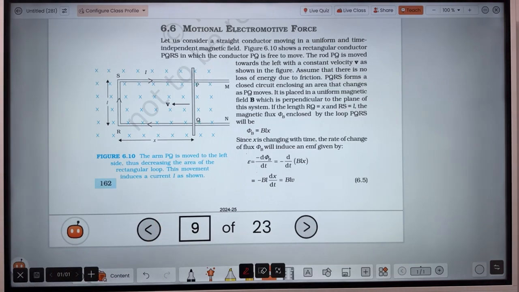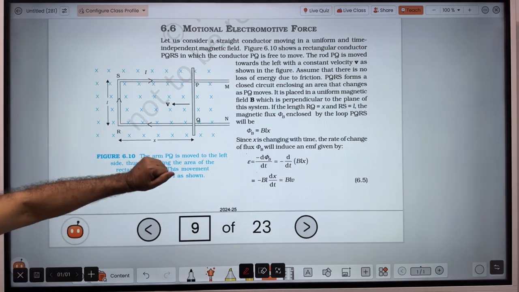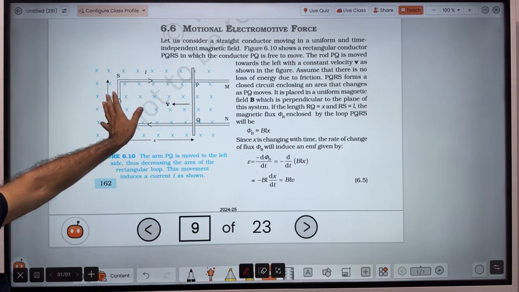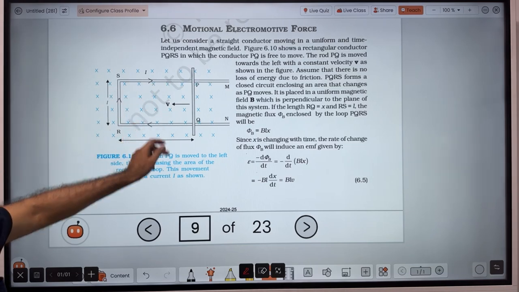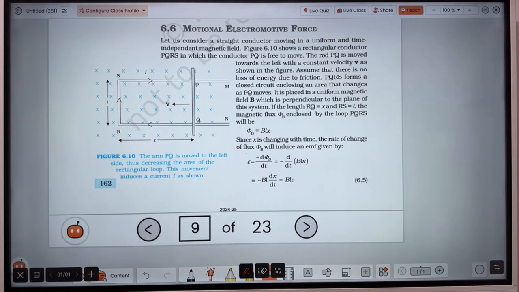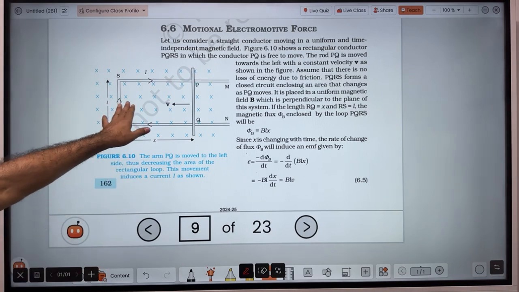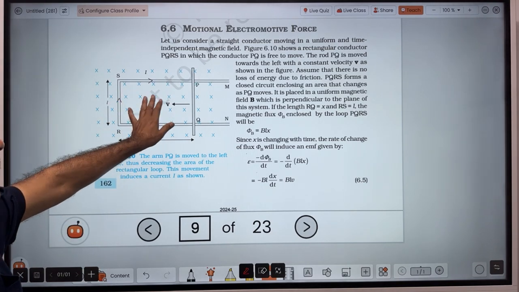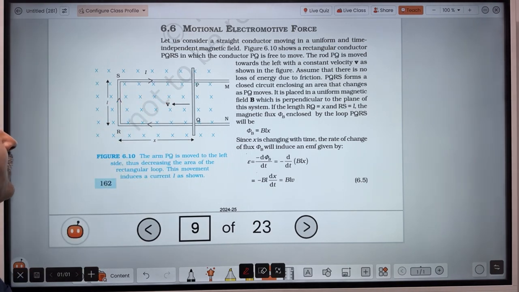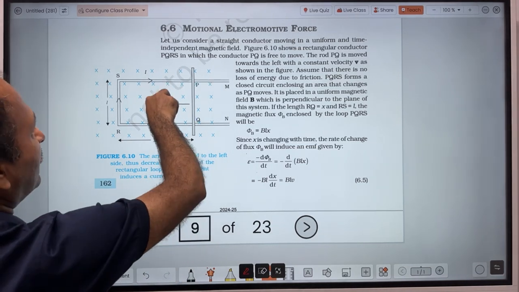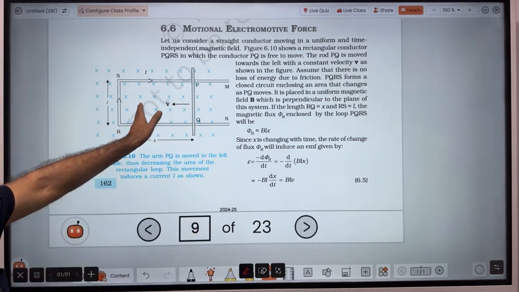So in order to find the EMF induced, first of all, we have to find out what the flux is in this position. So in this position, we can find the flux by using the formula phi equal to B times A. Here we don't have to consider cos theta. Theta will be 0 degrees because both will be along the same line.